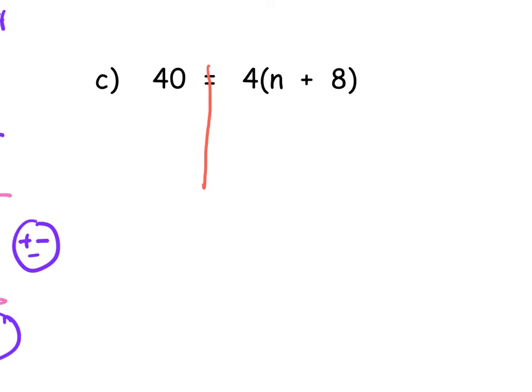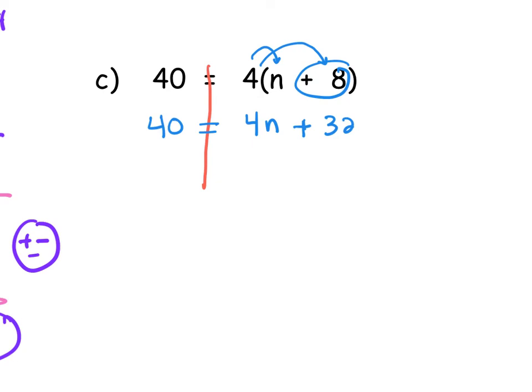So I am going to multiply 4 times n. I'm using the distributive property to release those parentheses. And 4 times positive 8, which would be positive 32. So there, our parentheses are now dissolved. We've used the distributive property to help us. And this time the 40's been hanging out on the left side waiting for us to simplify.